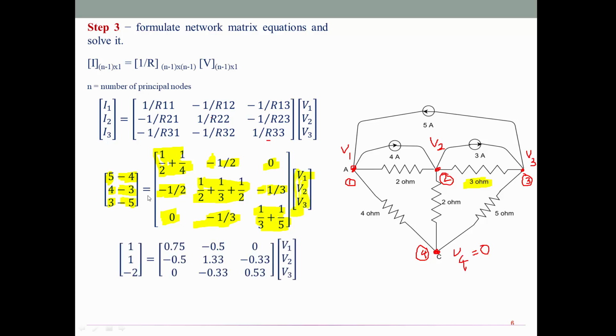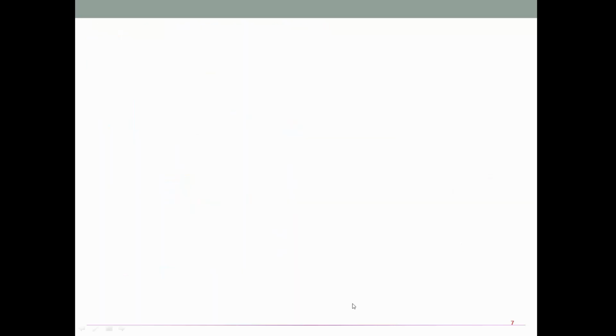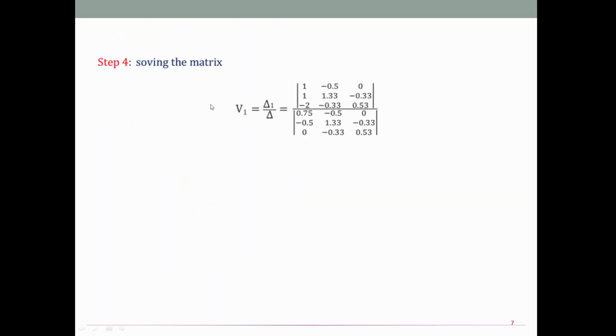Simplify this network, you may get 1, 1, minus 2 as a current vector and a simplified version of inverse resistance matrix. Now let's find out V1, V2, V3. Step number 4, solving the network matrix equation. You may find out all the 3 node voltages, but I am calculating V1.